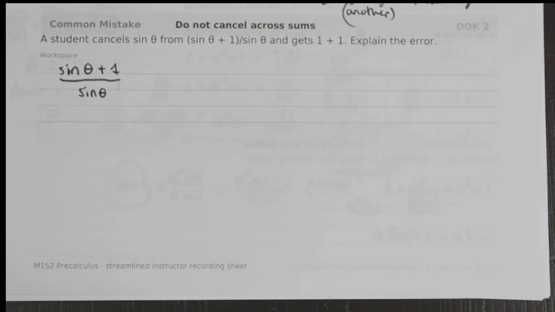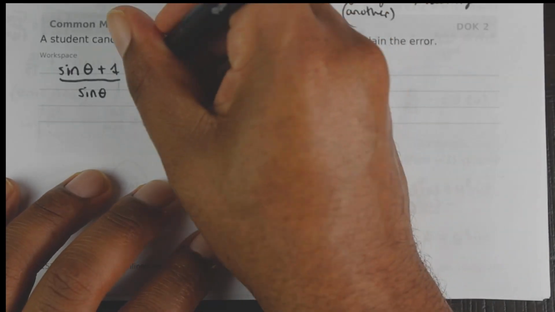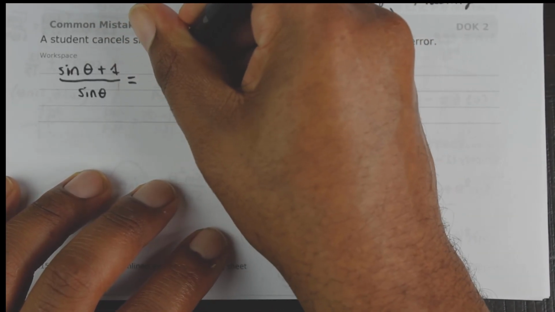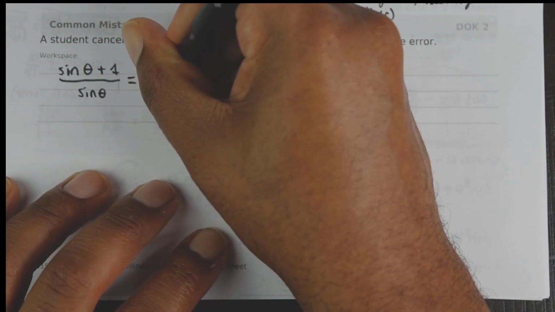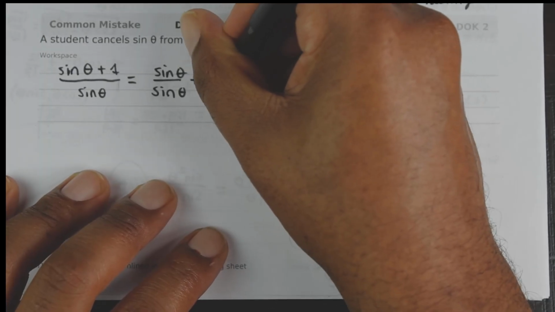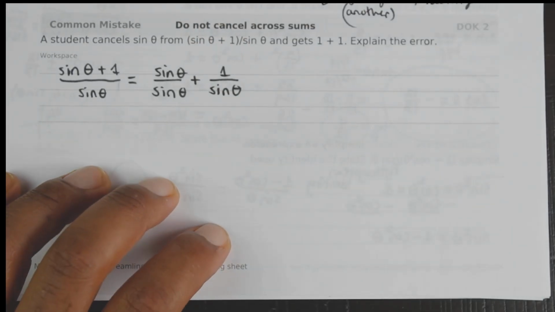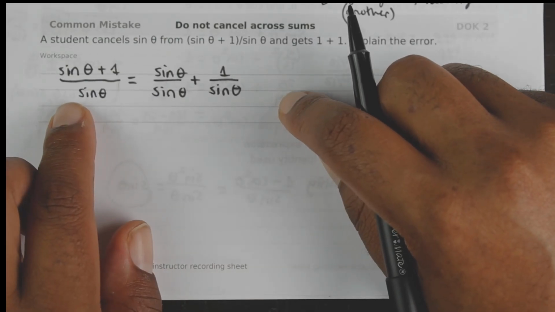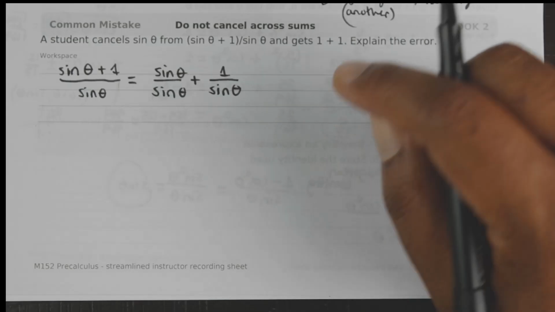Okay. Now, essentially, it's incorrect to say (sine theta plus 1) divided by sine theta is equal to 1 over 1. The correct way is to split the fraction. So the correct way is to look at it like this: sine theta divided by sine theta plus 1 over sine theta, right? That's the best way to look at this problem so you can see what it actually looks like.